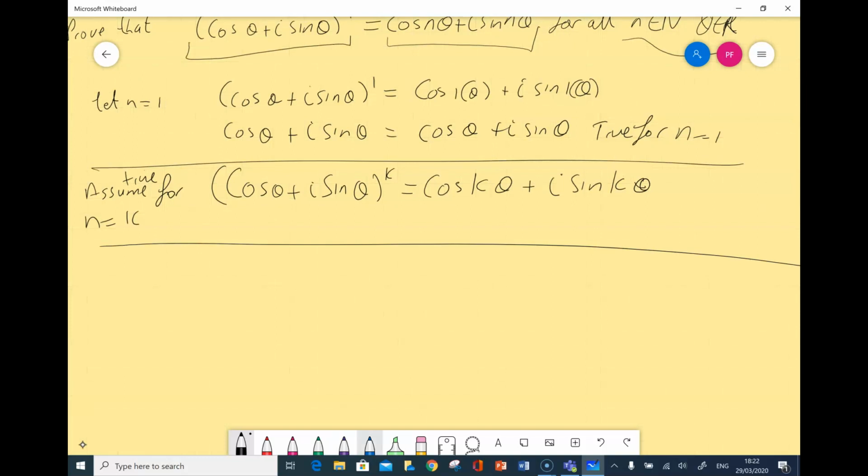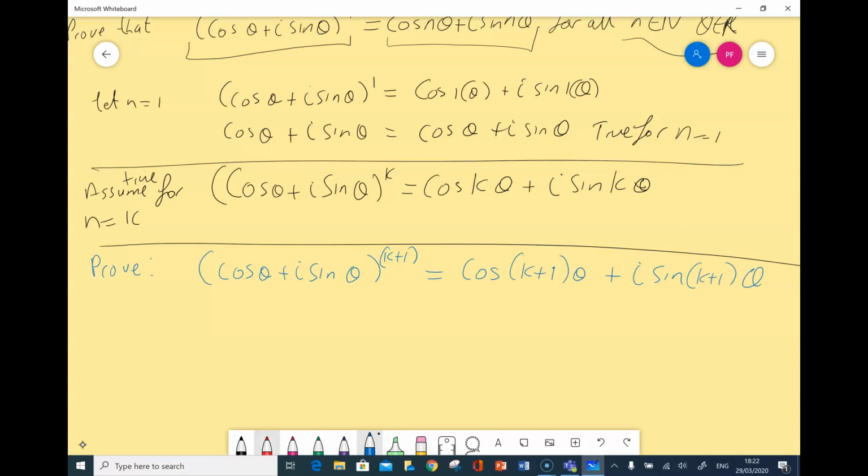And then this is what we have to prove: that (cos theta + i sin theta)^(k+1) equals cos (k+1) theta + i sin (k+1) theta.